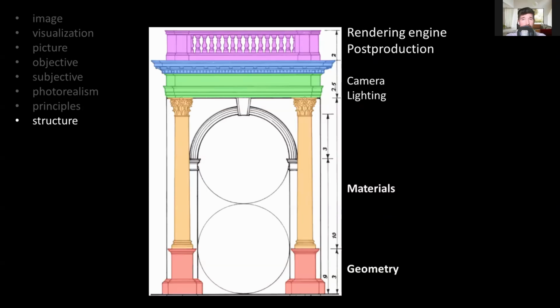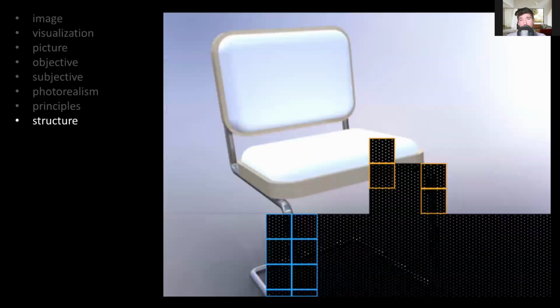At the end of our last session, we took a look at the principles found in the majority of photorealistic depiction literature, which are the geometry, materials, lighting and camera, post-production, and the rendering engine. When we are talking about the rendering engine, we could take a look at the earlier days, at bucket rendering, which used the CPU and its many threads and cores.